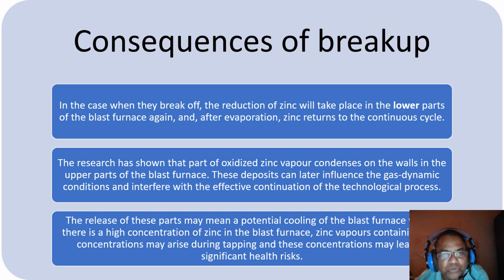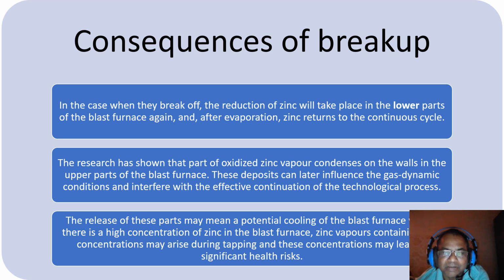This is a huge mass and it is not prepared as a normal burden of blast furnace, so it absorbs a lot of heat in the lower region of the blast furnace, and this oxide absorbs a lot of carbon to get reduced.